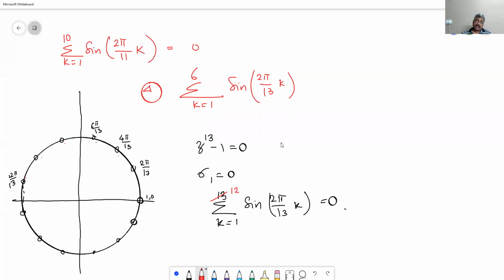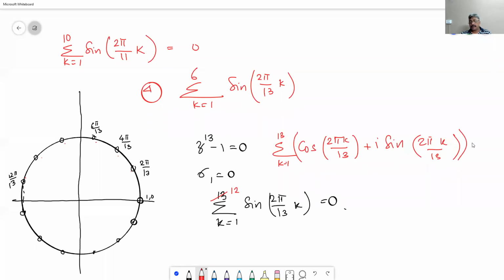That means sigma cos 2 pi k by 13 plus i sine 2 pi k by 13, k goes from 1 to 13, that is sigma 1 I am writing. This is what is equal to 0.